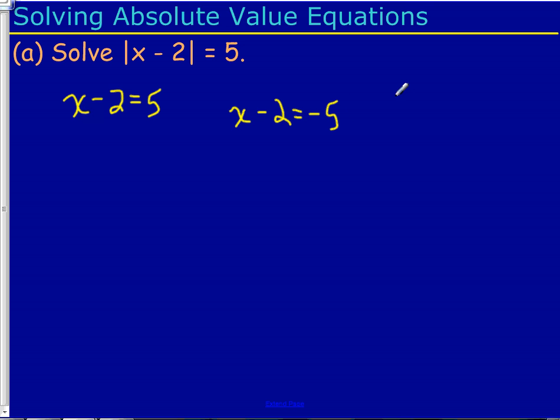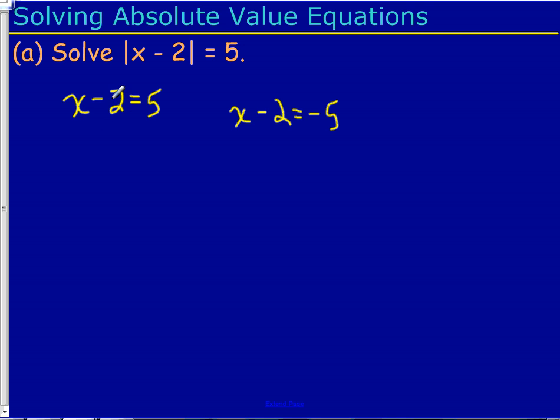Now the reason we're doing this is that according to one of our rules, and you can find this in the book, it says to solve an equation in the form the absolute value of a equals b, we need to solve it with a equaling positive b and a equaling negative b, okay? So we're going to need to solve it twice.